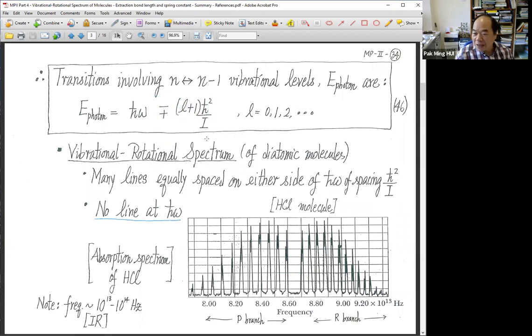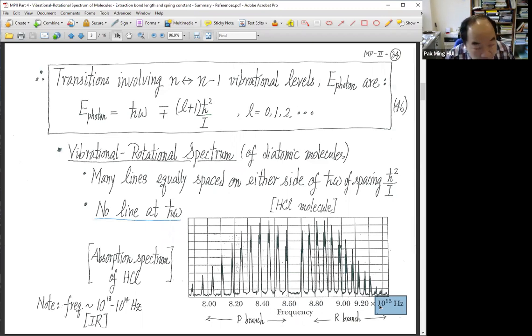Now, what does it mean in the spectrum? So here, I would like you to take note of this very typical and rather pretty so-called vibrational rotational spectrum. Now let's analyze it. First of all, look at the frequency. Now it is at 10 to the 13 power hertz.